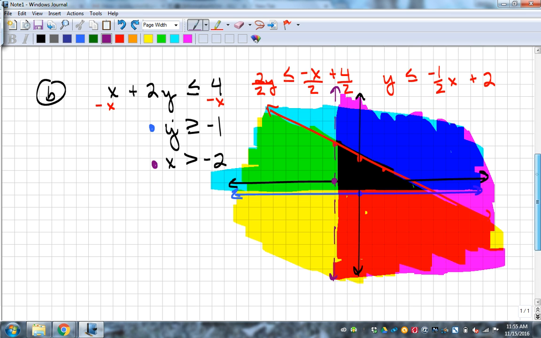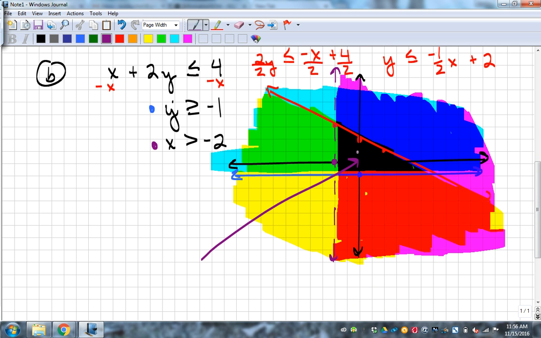There we go. So the solution area is this triangle in the middle. So we're just looking for the overlap of our graph. The answer that I'm looking for here is where they are overlapping.